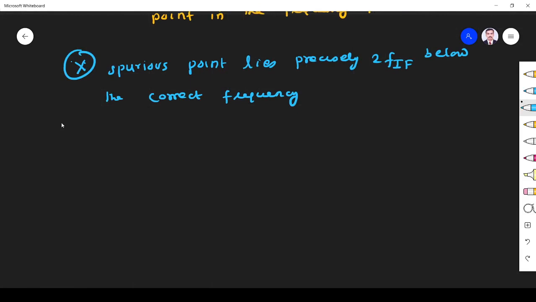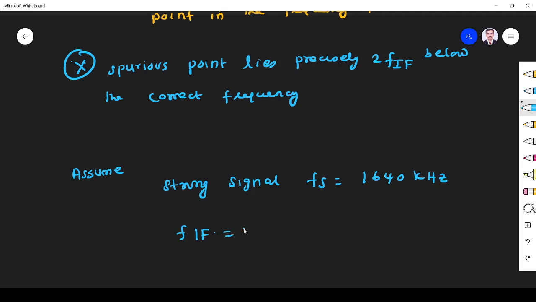Let us assume that we have a strong signal, Fs, at 1640 kilohertz. Also assume the intermediate frequency FIF is 470 kilohertz.